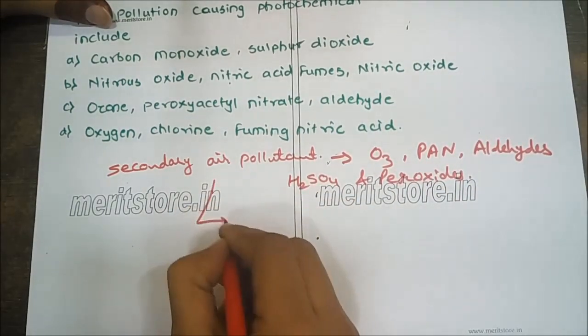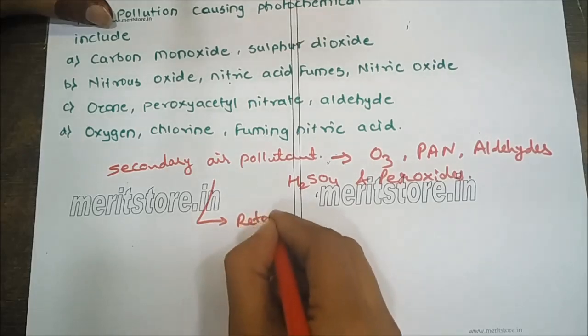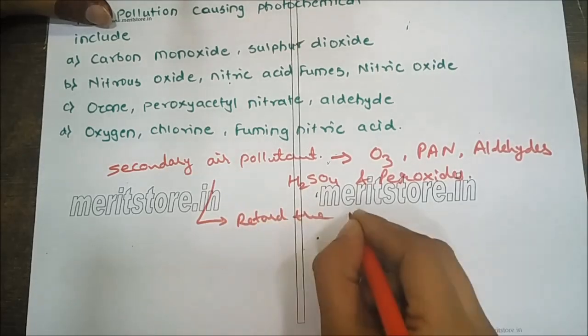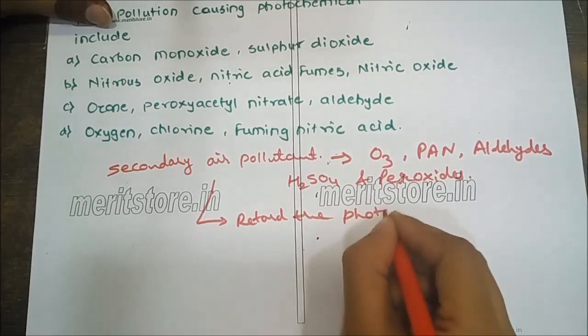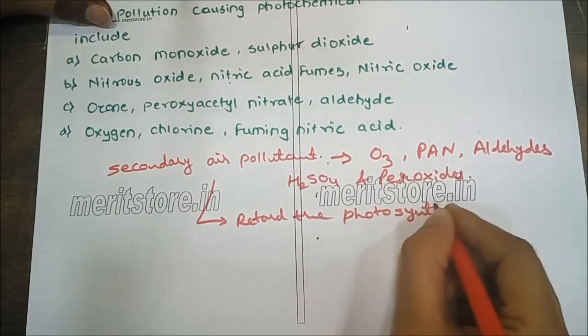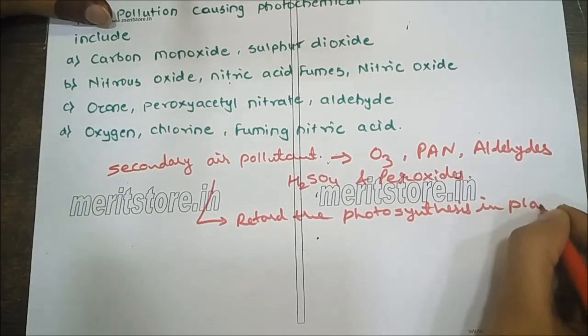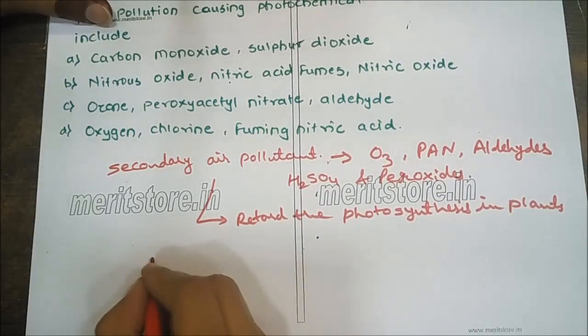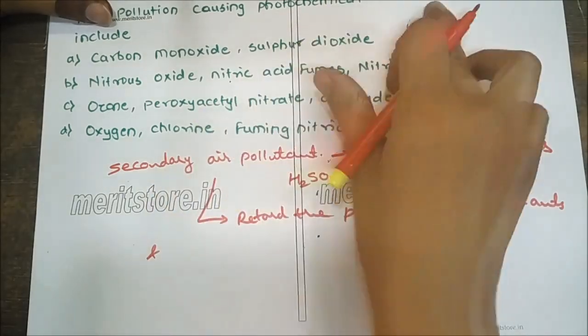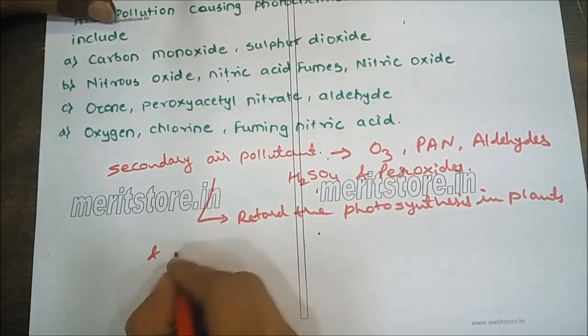These secondary air pollutants retard the photosynthesis, and it will cause the photochemical smoke.